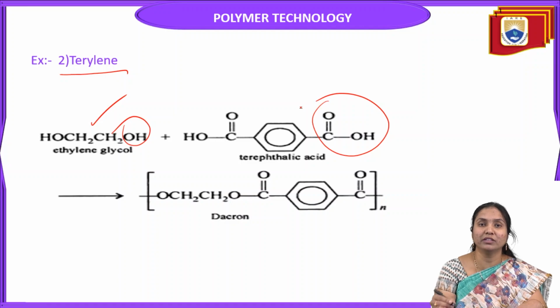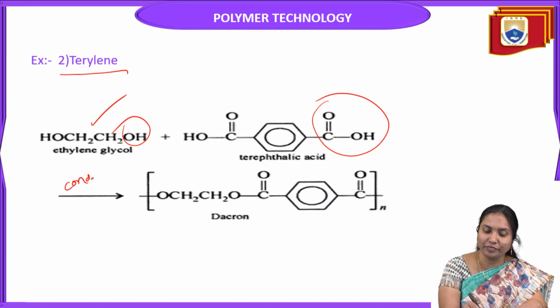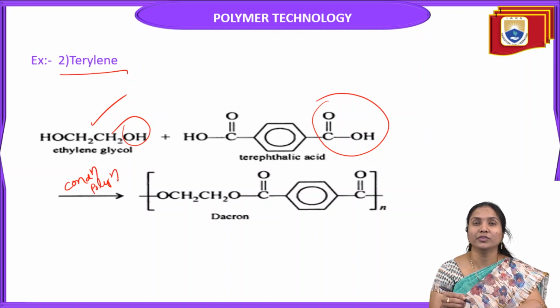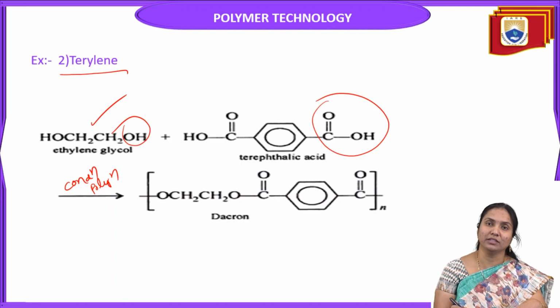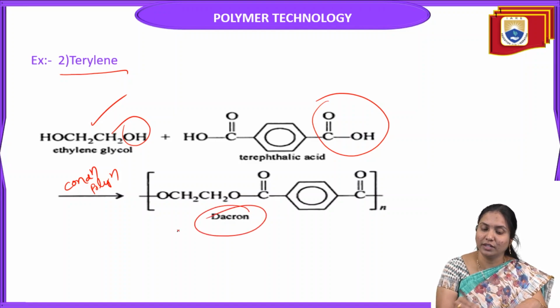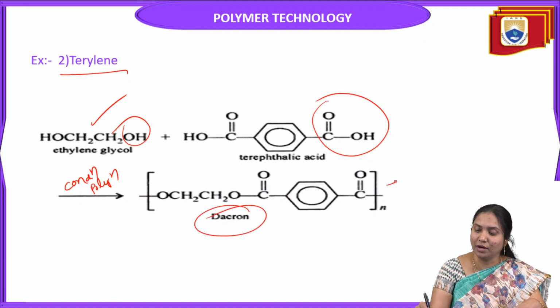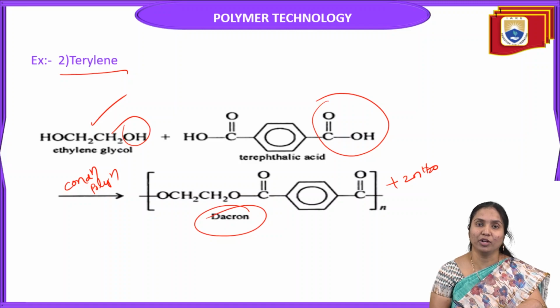So two different functional groups of monomers undergo which type of polymerization? Condensation polymerization. In this case, it forms Dacron or Terylene and the byproduct is a water molecule. So this type of polymerization is called condensation polymerization.